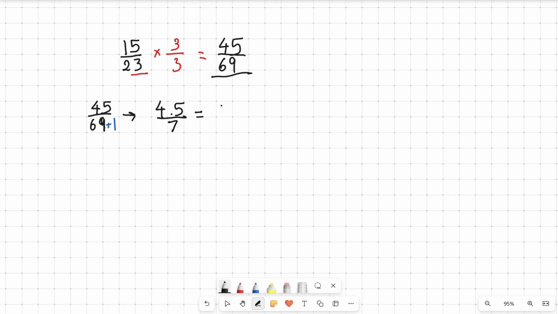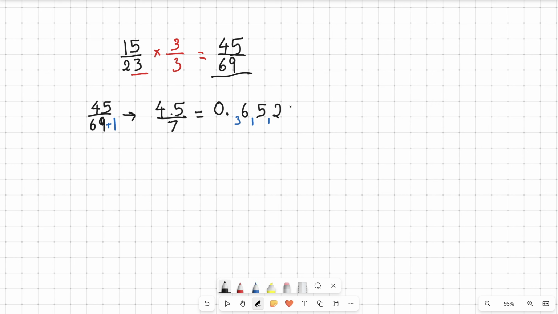4 does not go in 7, so 0. Then 45 goes 6 times, 42, so 3 is the remainder. Now 36, meaning you can go 5 with 1 as remainder for 35. So now 15, same, you can go twice with remainder of 1.